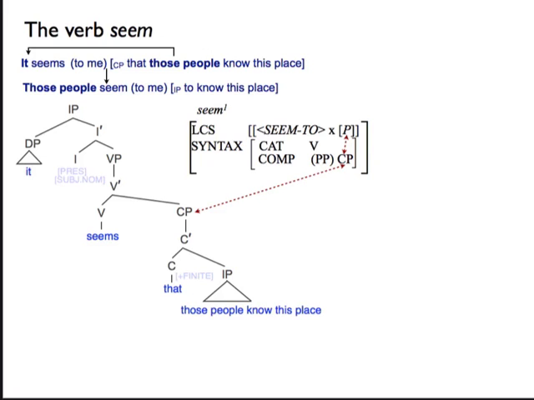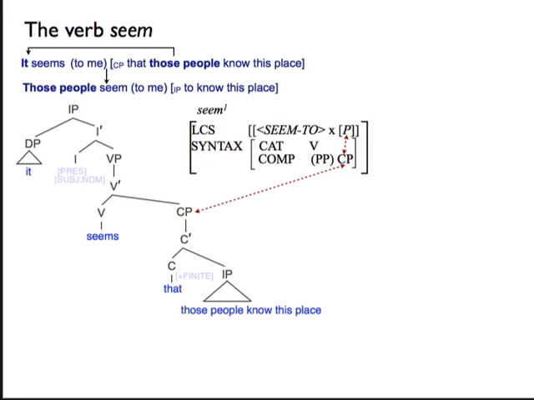When you front that CP, where you say a sentence like "those people know this place seems to me to be true," to keep the whole meaning of the sentence, where does that "to be true" come from? Say, I lost you there. So this sentence is, "it seems to me that those people know this place," right? So you front that CP. No, not the CP. Well, that's not what we're doing here. Okay.